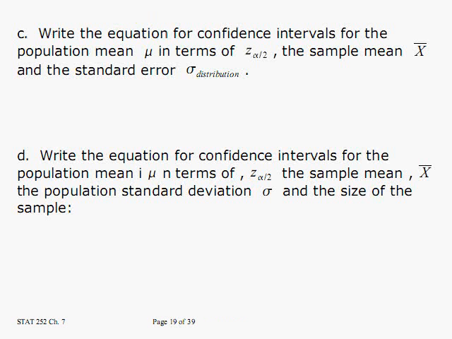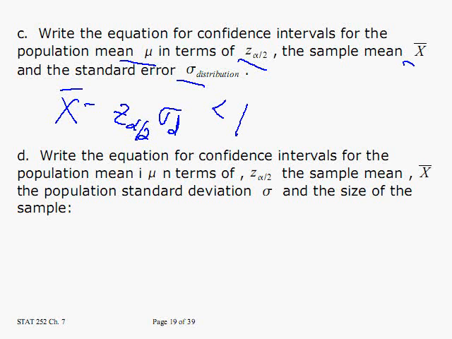Now you get to write the equation for the confidence interval of the population mean in terms of the z alpha over 2, the sample mean, and the standard error. Well, the sample mean minus z alpha over 2, which says how many standard deviations you're going away. I'll just put d, and that's less than the mean.